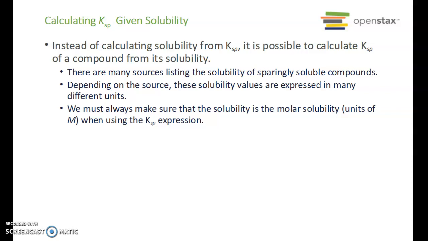As a matter of fact, this is very important when you are looking at different pharmaceutical products, because many of them have very low solubility unless they have some sort of a salt associated with them that helps bring them more into solution, and by doing so, making them more bioavailable. Depending upon the source, these solubility values are expressed in many different units. But what we're going to do here is always make certain that we have the molar solubility units in terms of moles when converting and working with the equations of the Ksp.